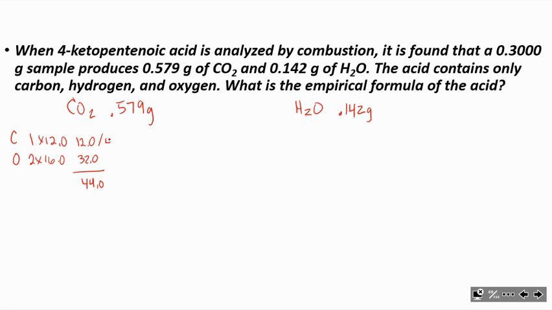If we divide this by 44, and divide this by 44, that's going to tell us that our percent carbon here is 27.3% carbon.